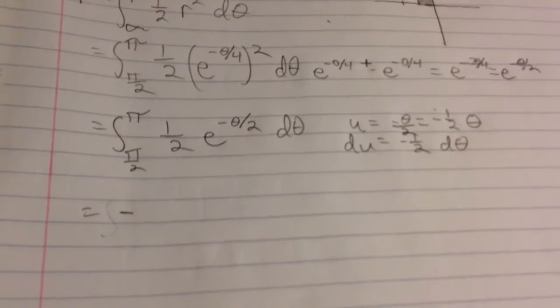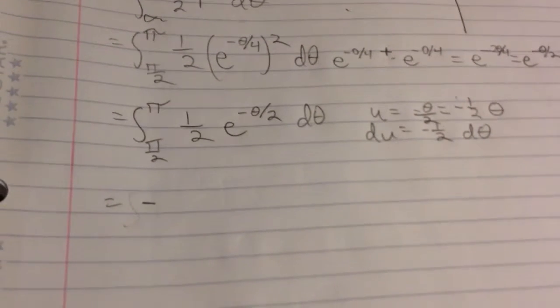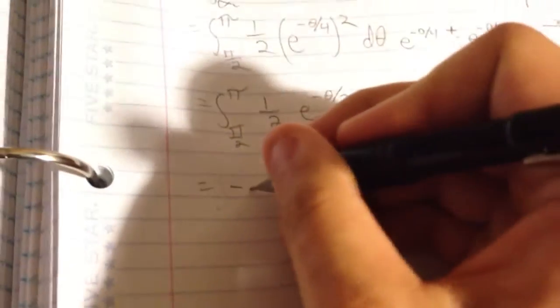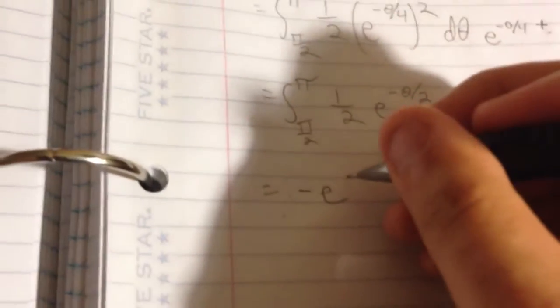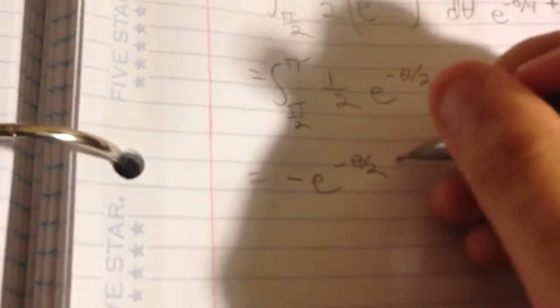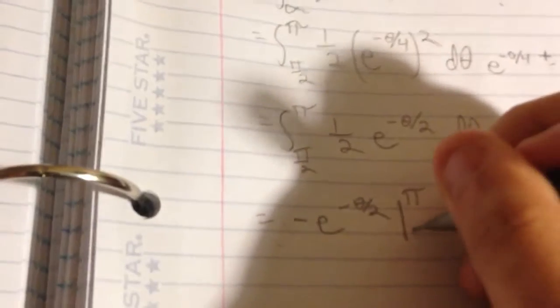But it's negative, so we're going to make our integral negative, and you're going to end up with negative e to the negative theta over 2, and of course that is between pi over 2 and pi.